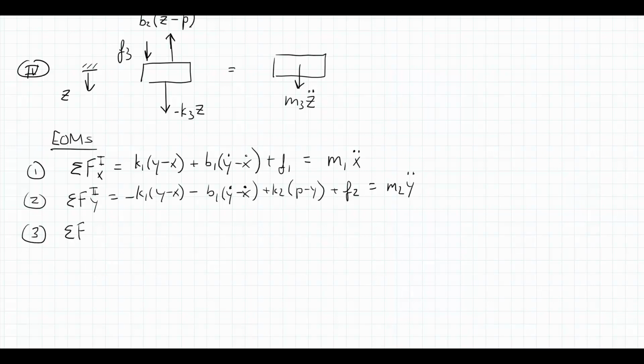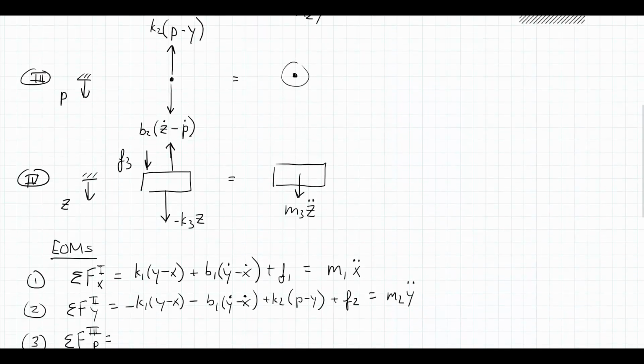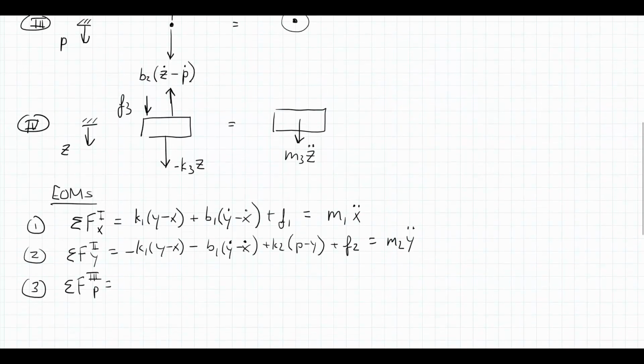In the third picture, we have the node. So we're looking in that P direction in our third picture. So here, in the negative P direction, we will have the K2 (P minus Y). So a minus K2 (P minus Y).